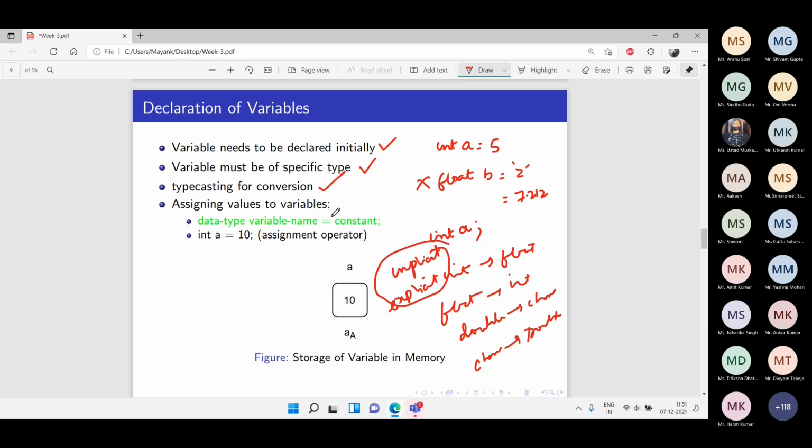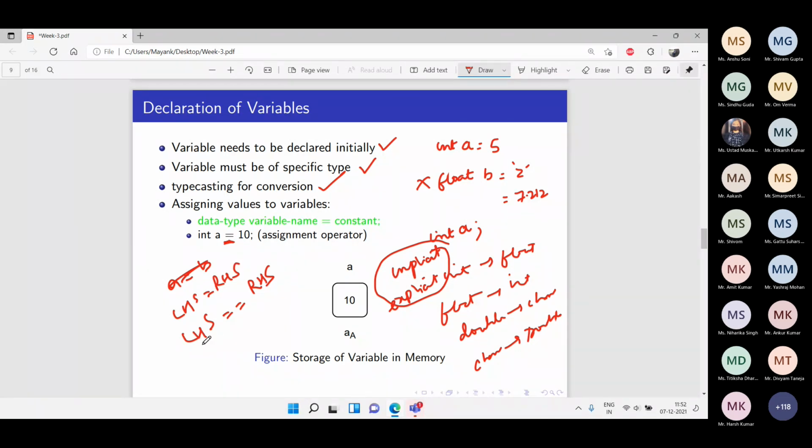Okay, so typecasting. But before that, just remember that this is how we assign. If you do int a is equal to 10, this is an assignment operator. This is not that mathematics a is equal to b, or if you want to prove LHS is equal to RHS, that is in mathematics. But when you do it in programming, you have to do LHS equal to RHS. Single equal means assignment. This means in LHS, you are assigning the value of RHS.